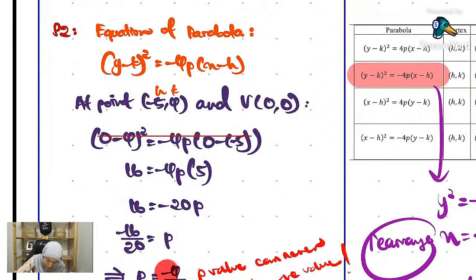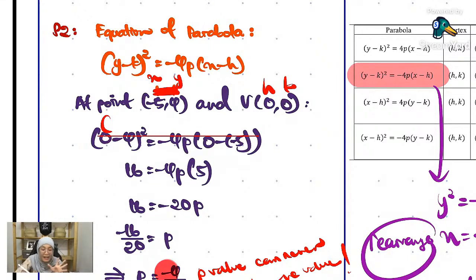Okay, so basically this is wrong because it should be yang ini x and y. My x and y should be the h and the k, guys. Oh my god, thank you so much, Nicole. This is x and y.